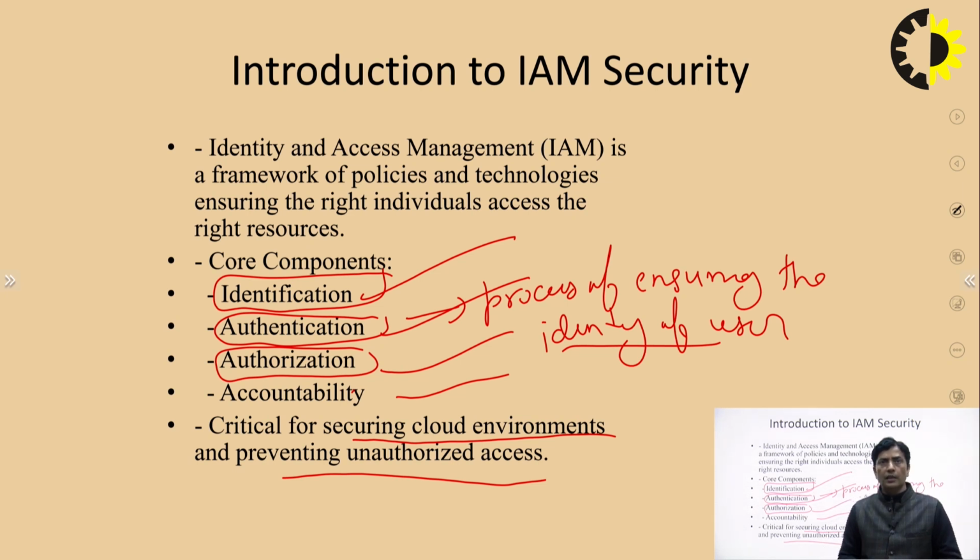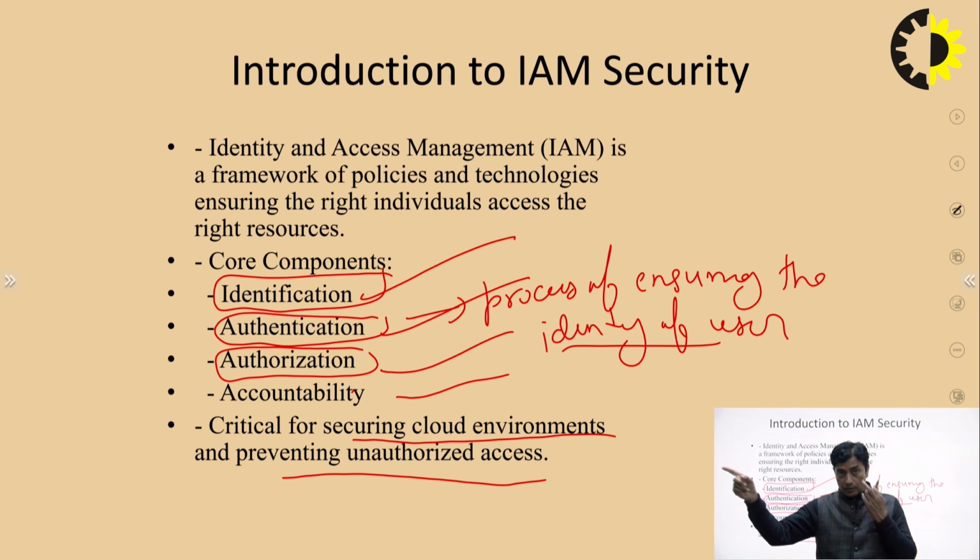Some person comes and the watchman at the gate ensures their identity. If they have a valid I card, they may enter; they may be a student, staff, or faculty. Again, when that person enters, which resources will they use? If they are faculty, they can get an office and sit in the proper cabin. If it is a student, they are not allowed to sit in the HOD office or at the seat of faculty.